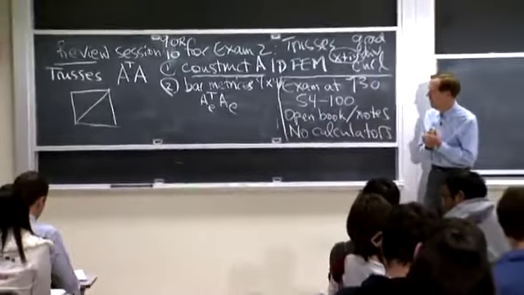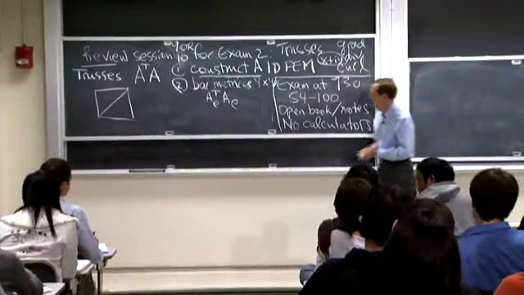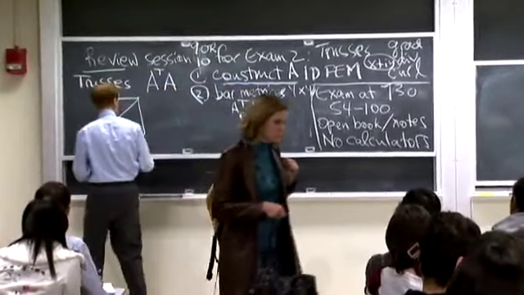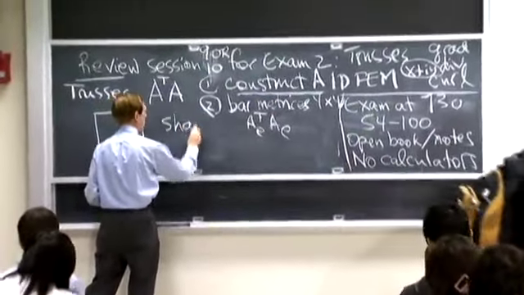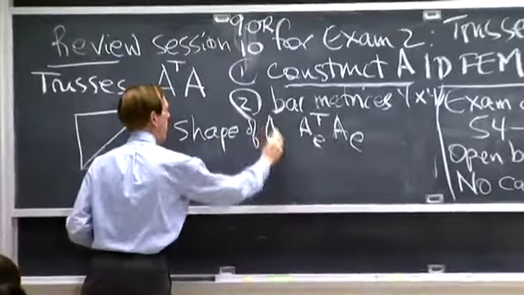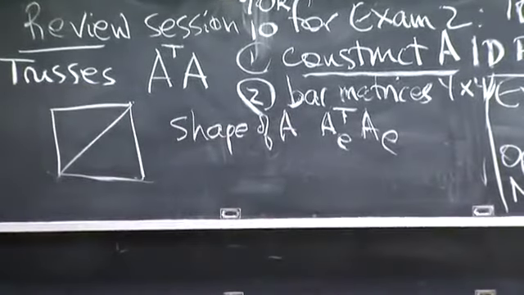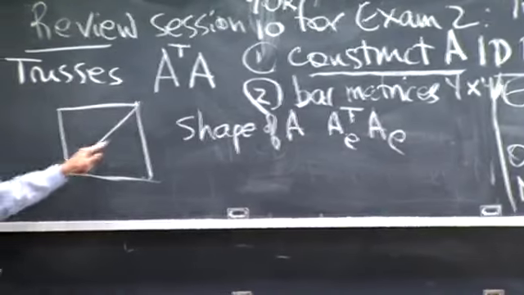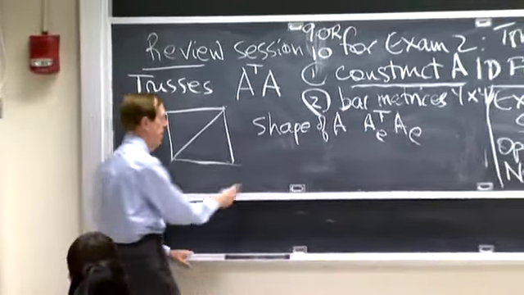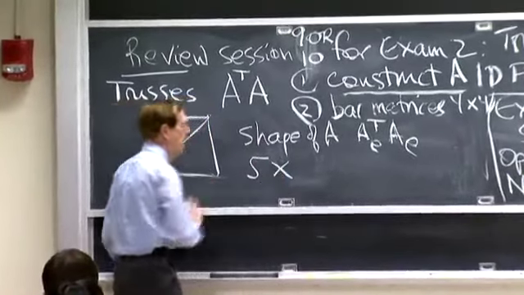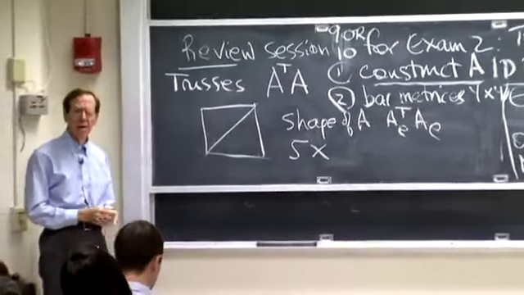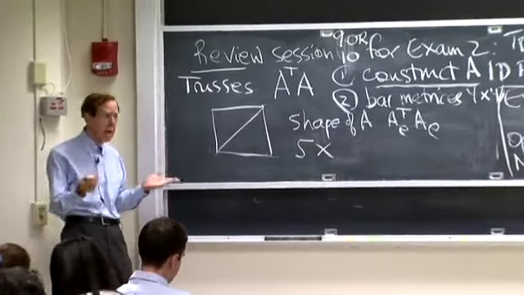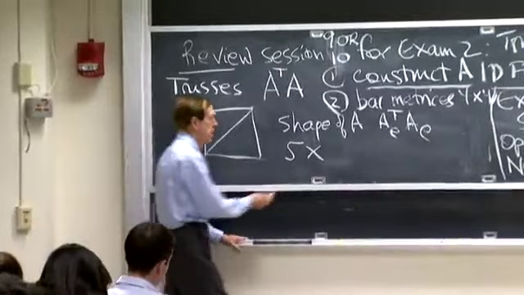Probably we won't get to all the gory details, but if you look at that truss, what's the shape of the matrix A? I have a row for every bar, so 1, 2, 3, 4, 5. And how many columns have I got? How many unknown displacements have I got? 8. 2, 4, 6, 8.